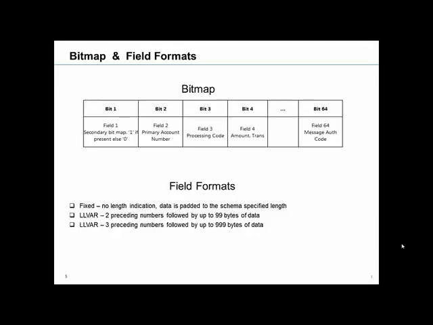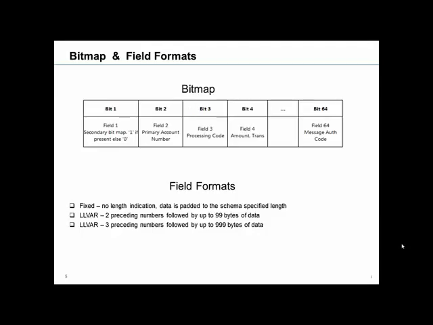A message can contain up to 3 bitmaps in the latest version of the ISO 8583 standard. The bitmap may be transmitted as 8 bytes of binary, or sometimes with the 8 bytes unpacked into 16 hexadecimal characters, digits 0 to 9 or characters A to F in ASCII values.